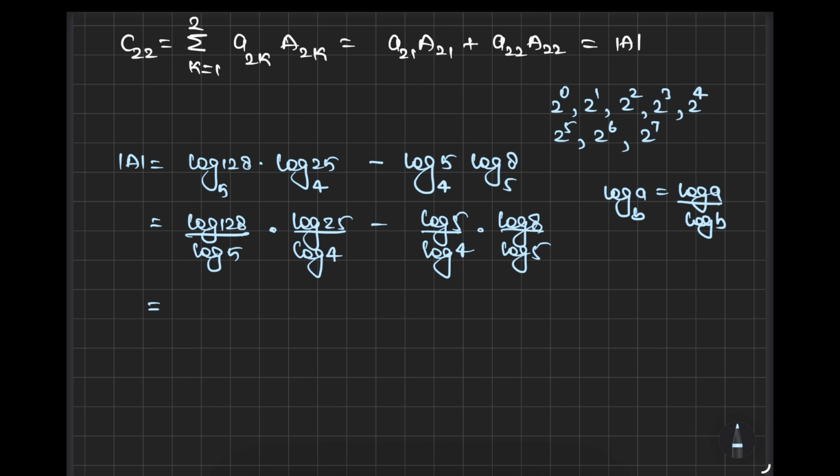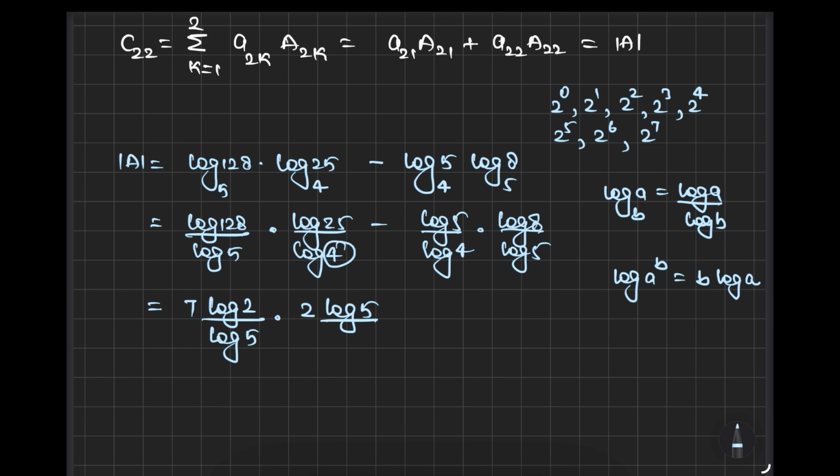Now let's simplify things. So log 128 is 2 power 7. You also know that log a power b, if anything is in the power of the argument, comes out as a coefficient. So I will take that 7 as the coefficient, 7 times log 2 by log 5. Now this 25 can be written as 5 square, and then that 2 will come as a coefficient. This 4 can be written as 2 square.